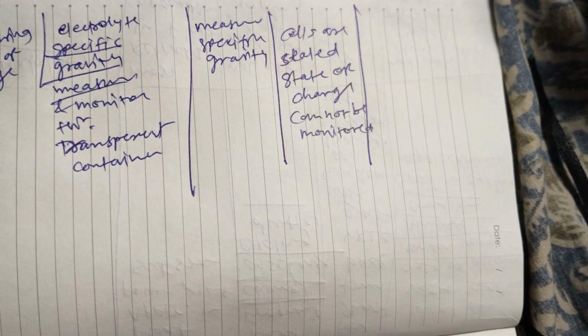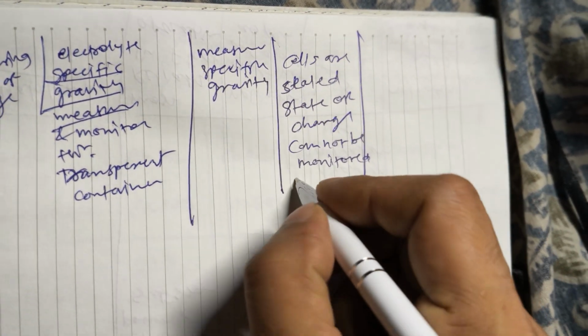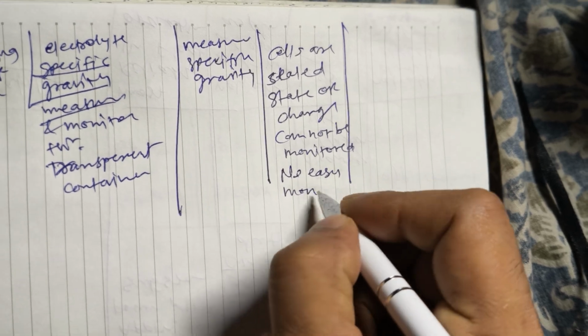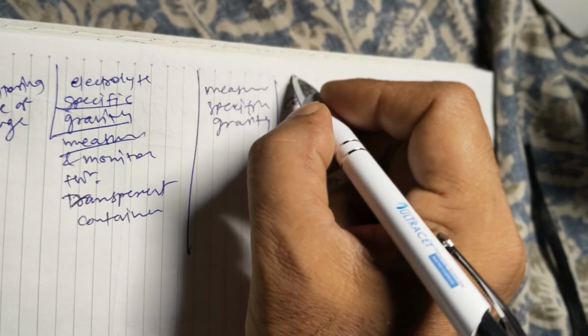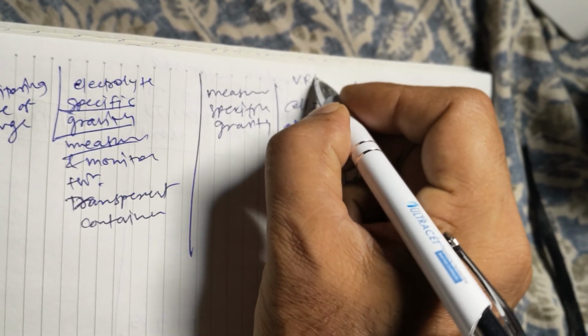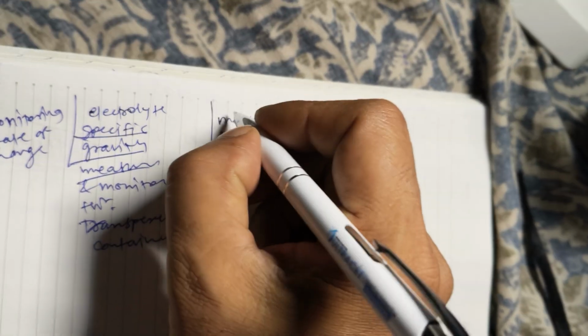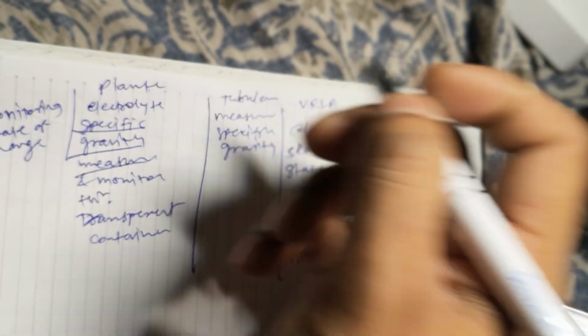No easy monitoring in VRLA; this is tubular and this is plante.